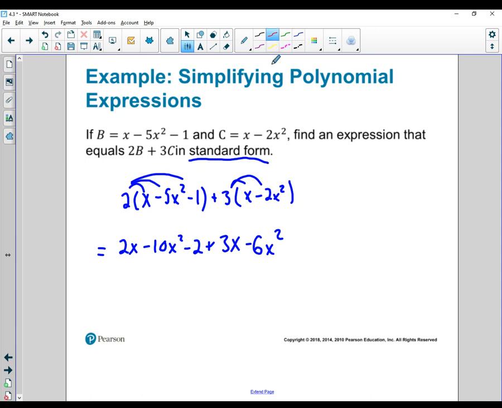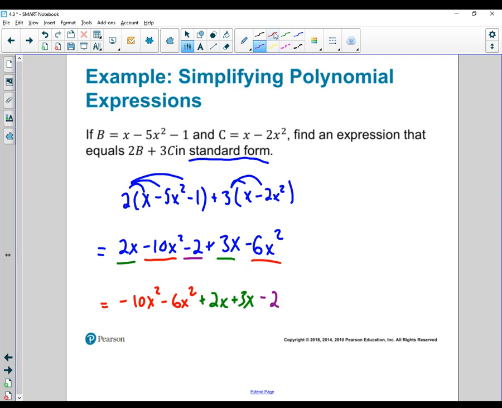Okay, now I'm going to look at all the like terms. The highest degree I see is x squared, so there's all the x squareds. So maybe I'll put those together, minus 10x squared minus 6x squared. And then I see x's on the next one. I have a 2x and a 3x, so plus 2x plus 3x. And then any constants, I only have the minus 2, so I'm just going to write minus 2.